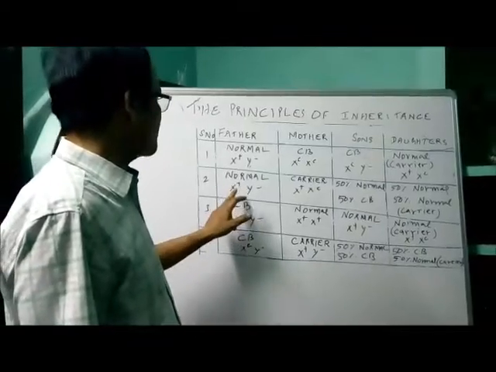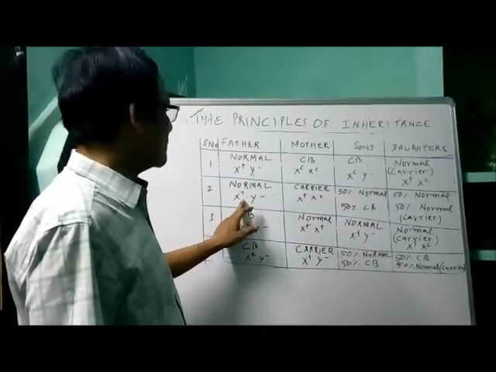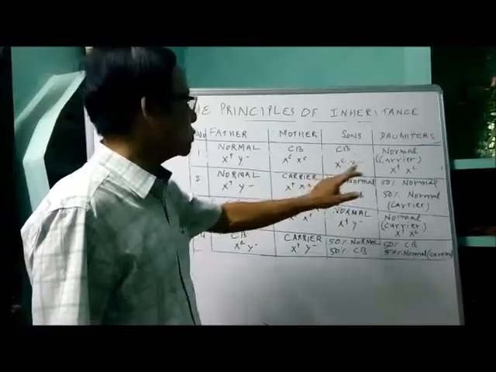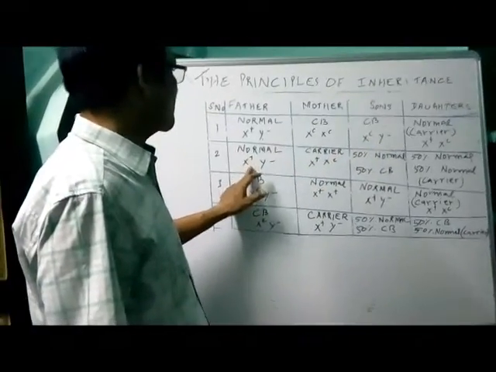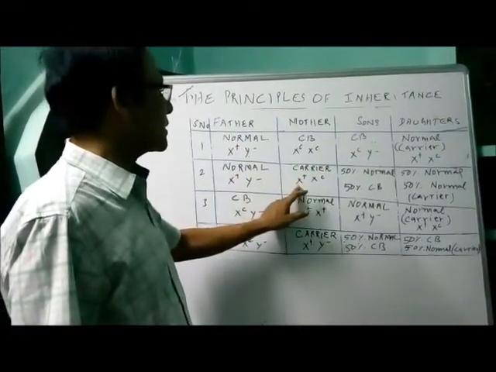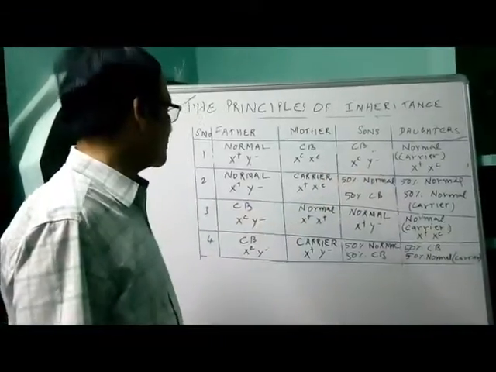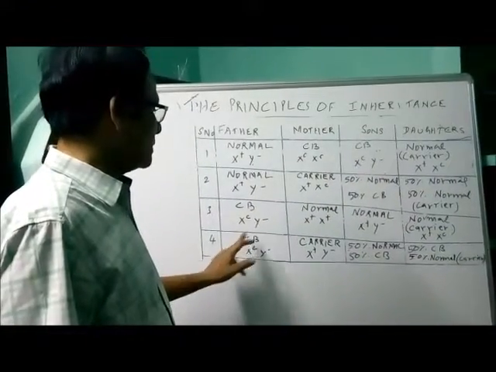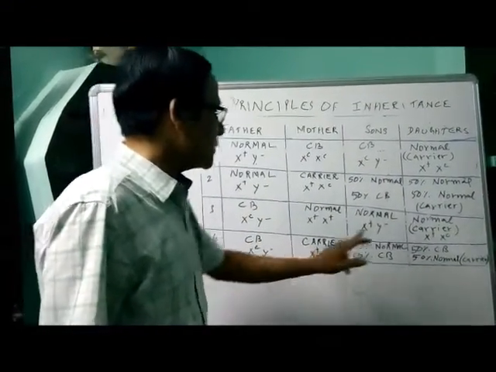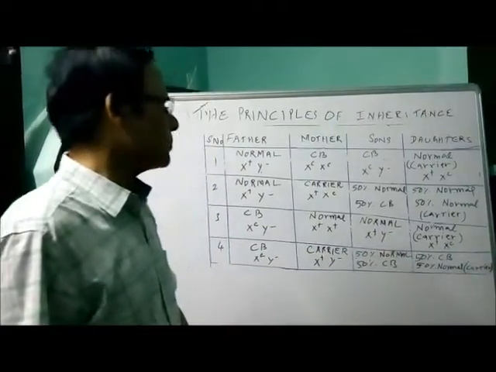Again, once father is normal and mother is carrier, to know the daughters, look at father. Father normal, mother carrier, then all the daughters normal. Then father colorblind, mother carrier, then 50% of the daughters would be colorblind.